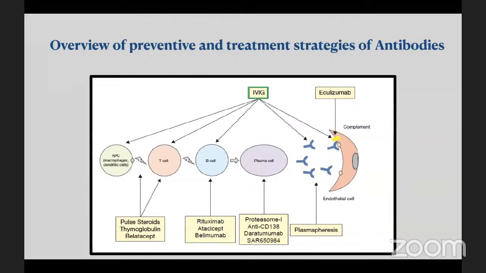The other common methods used to prevent the formation of the antibody are suppression of the T cells by using steroids, thymoglobulin, and belatacept to block the co-stimulatory pathway, which is not available. We have rituximab, bortezomib, and plasmapheresis to remove the circulating antibodies, and eculizumab, which is not available in our country anyway.